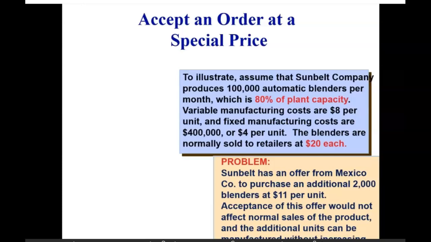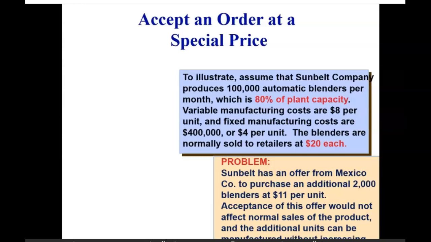The fixed manufacturing cost is $400,000, but quite often you see we express that fixed cost as a unit cost of $4. But beware, because it says 4 per unit, it's not a variable cost, it's a fixed cost that has been unitized.